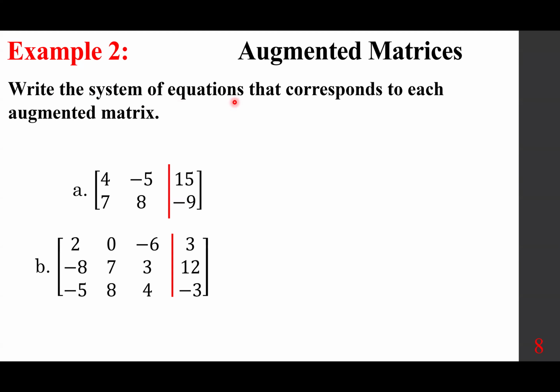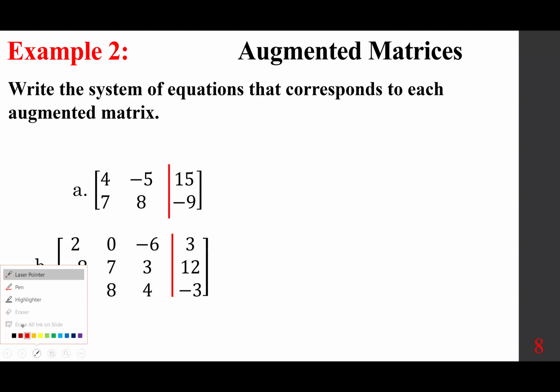Write the system of equations that corresponds to each augmented matrix. First and foremost, the variables. If they give you the variables, you have to follow them. If they don't, you can make up your own variables. Sometimes they go with x, y, z. Sometimes they go with a1, a2, a3, whatever the case.